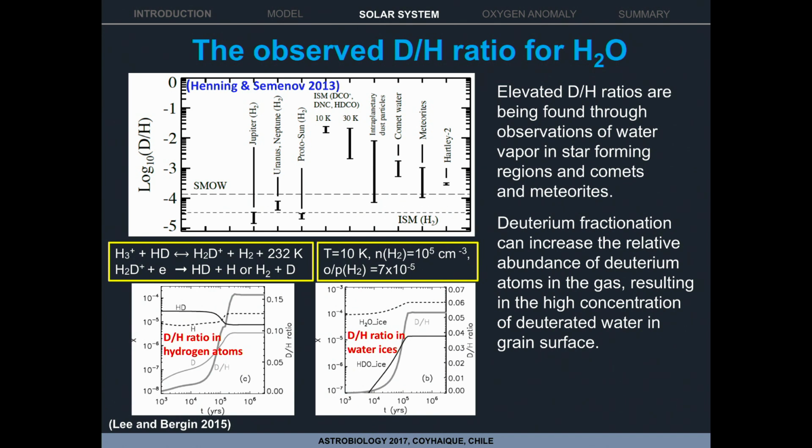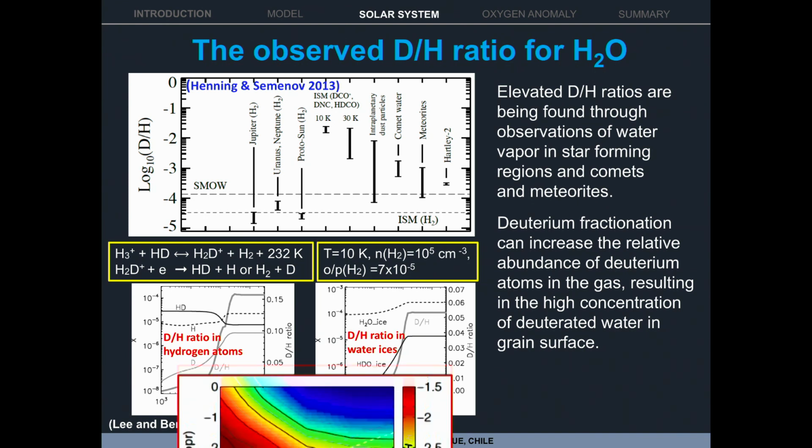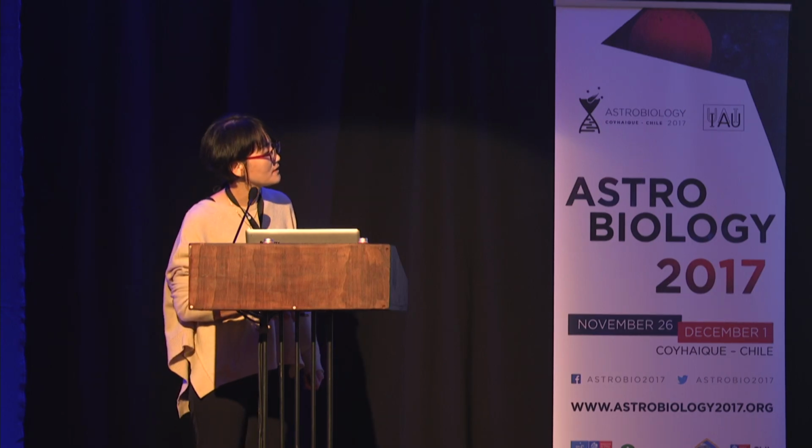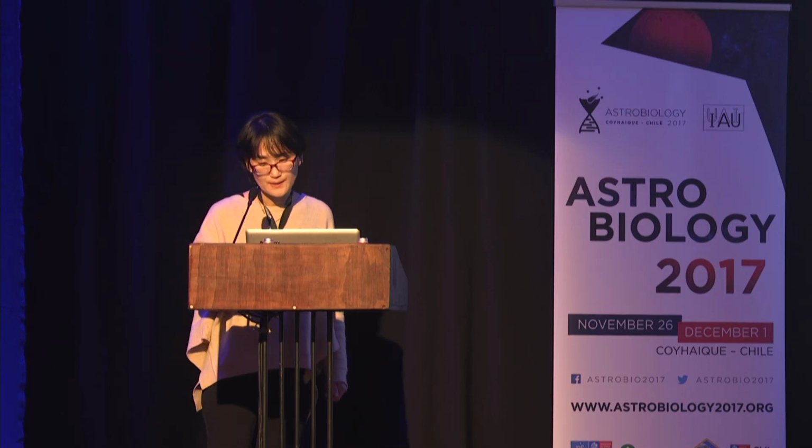And the D to H ratio of water ice quickly drops with temperature. Therefore, the sun must form in cold gas to have ices with high D to H ratios.